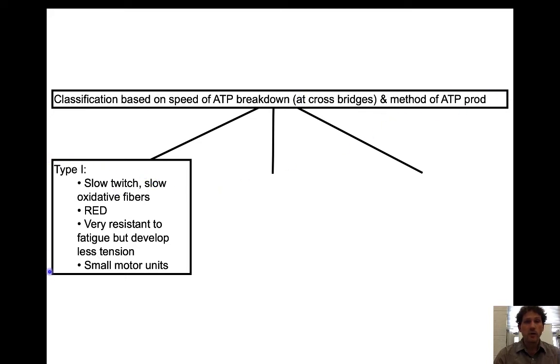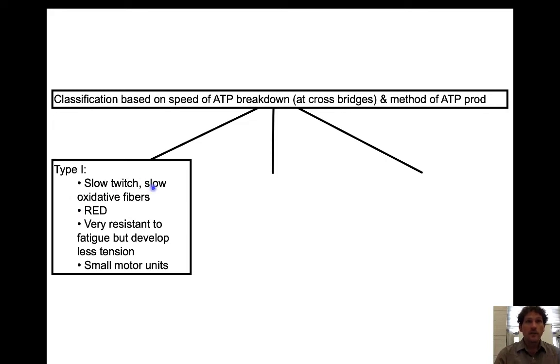So type 1 fibers, as you can see here, are slower. So they're slower to break those cross bridges, and they're slow twitch. So if you remember back when we were talking about the different graphs last lecture, they're going to have slower twitches. They are oxidative, so they're going to be producing a lot more ATP.